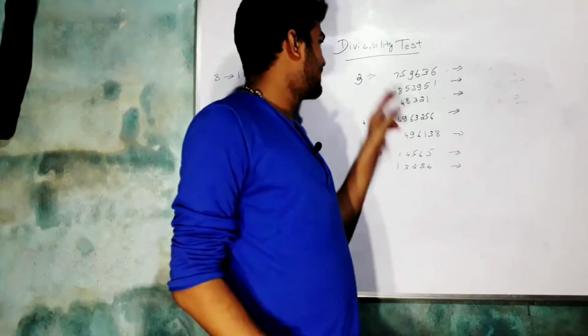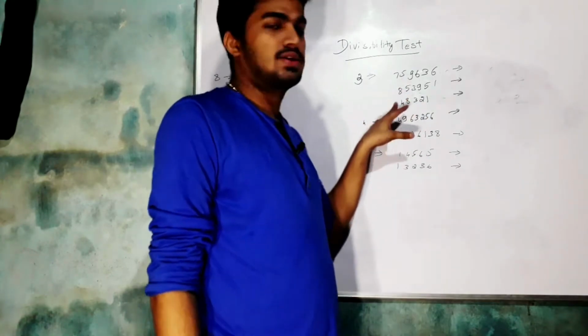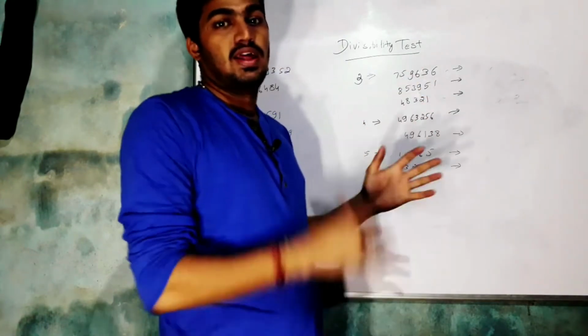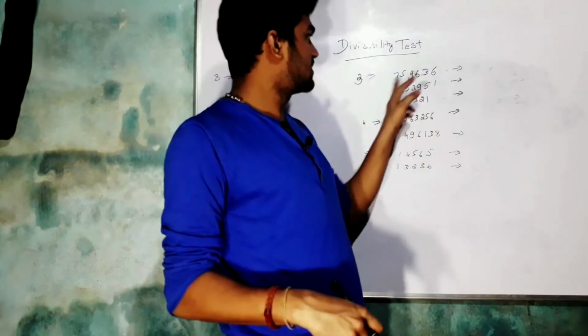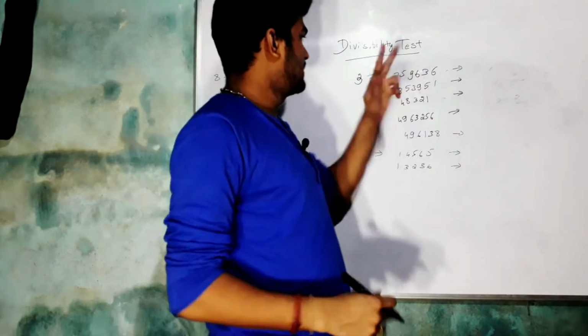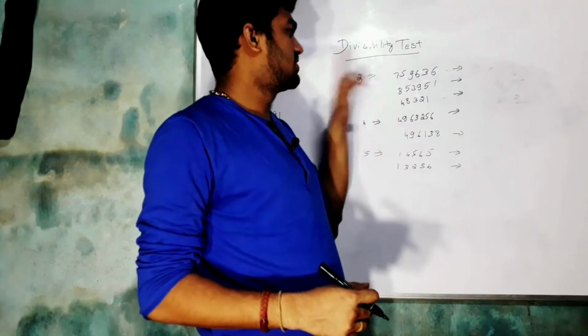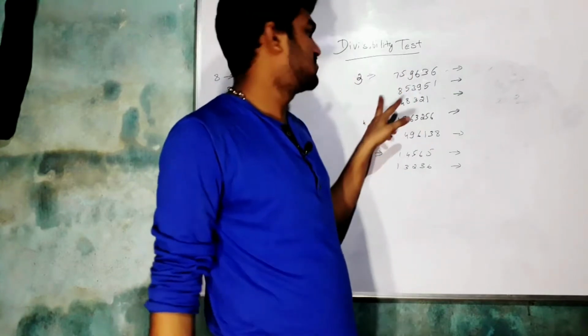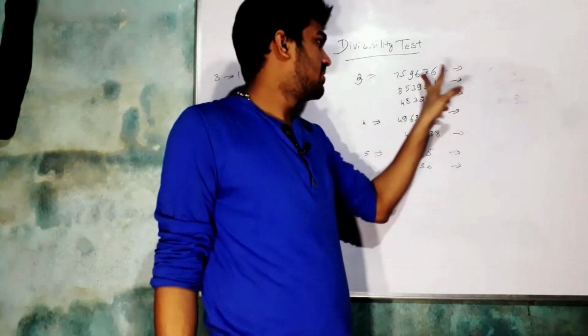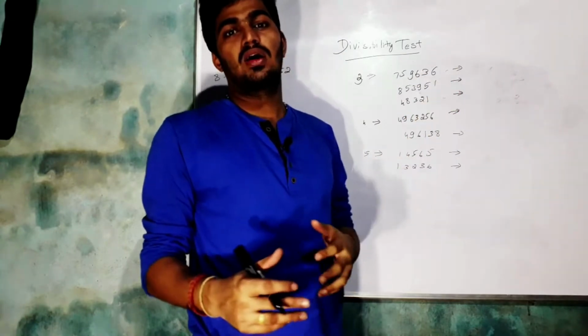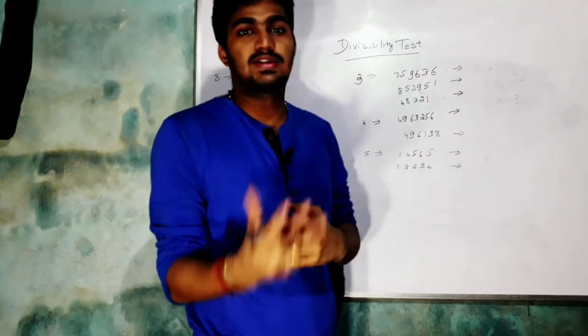So let's take number 3. I'll list down different numbers. Let's see if each number is divisible by 3 or not. For 3, we just need to add all the digits and see if that sum is divisible by 3.